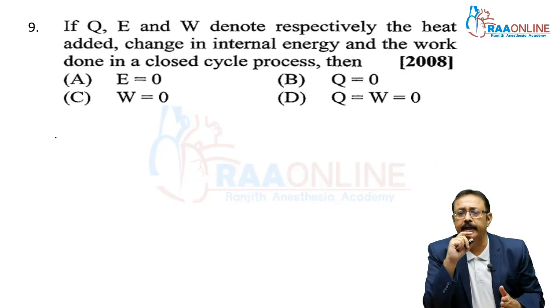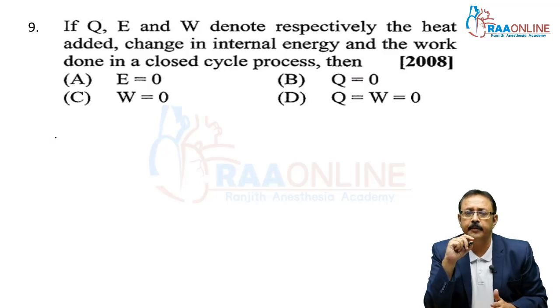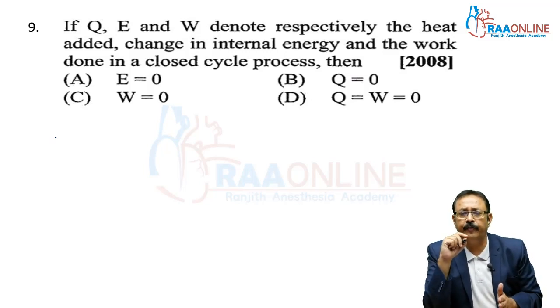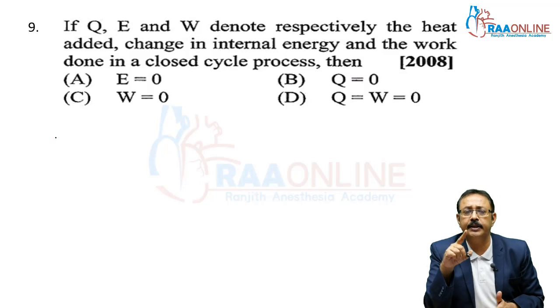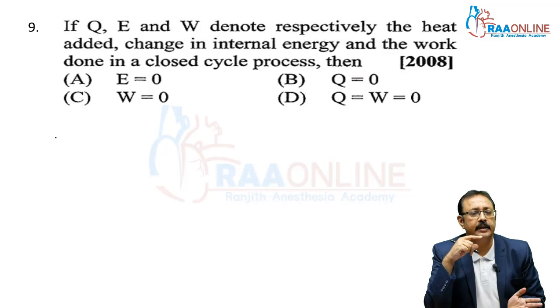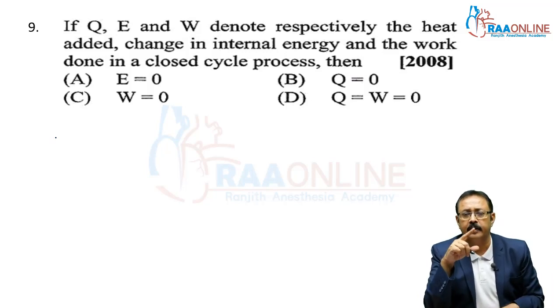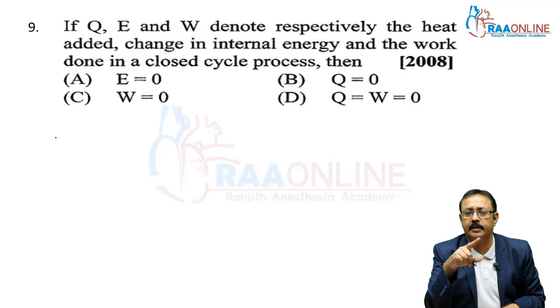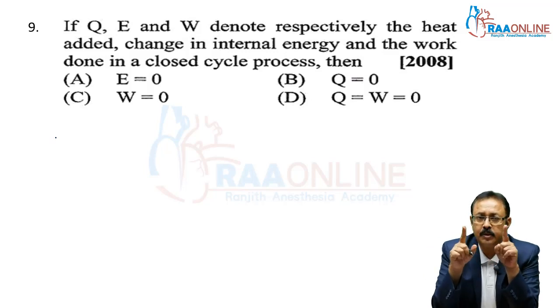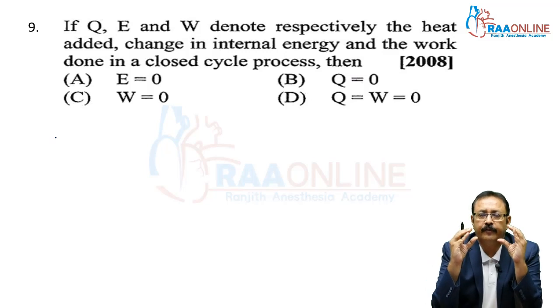Next, it is from 2008 AIPMT. Q defines the change in heat added to system, change in internal energy is E and work done was W. We discussed in previous questions that for a closed cyclic process, the area under the loop will define work.